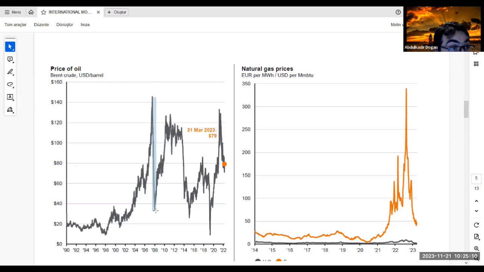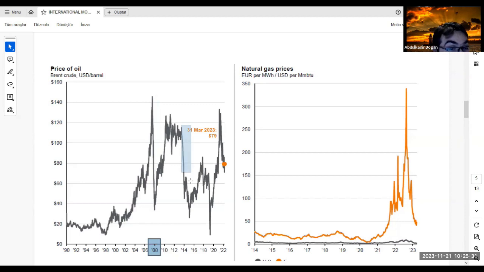From $140 per barrel, the price of oil decreased to just $40 per barrel in the 2008 crisis, right? There was a global financial crisis in the market. There was no demand, there was no production, so the prices of oil decreased sharply.